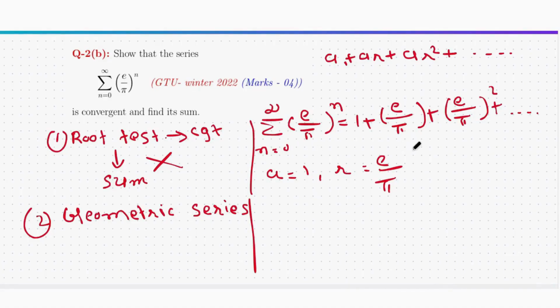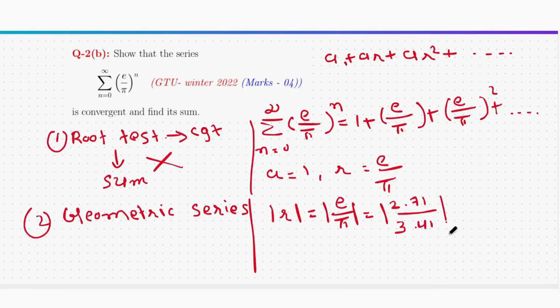For this, let's check the value of absolute r. Absolute r is absolute of e upon pi. Now what is the value of e? The value of e is approximately 2.71 and the value of pi is 3.41.